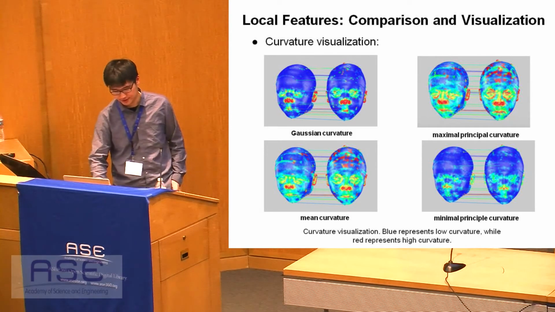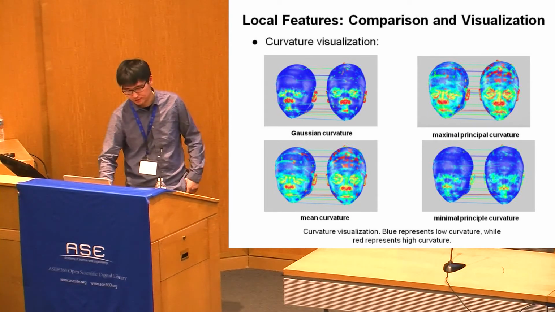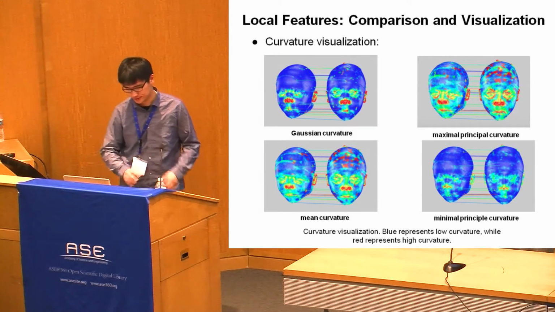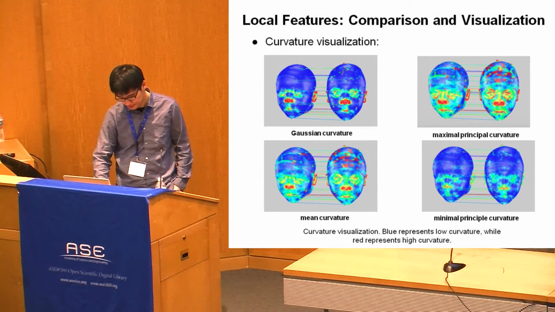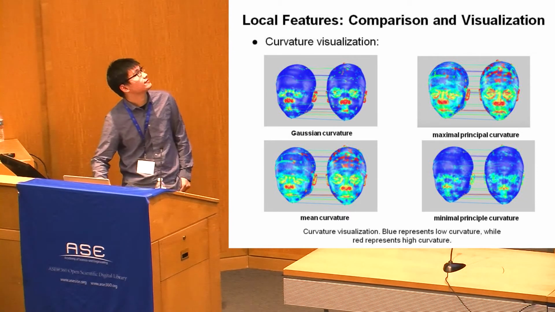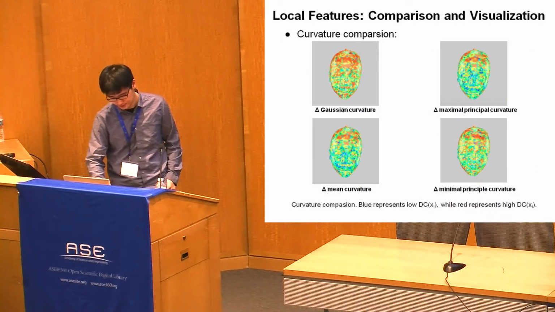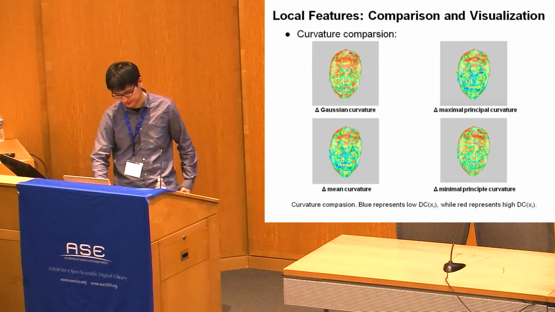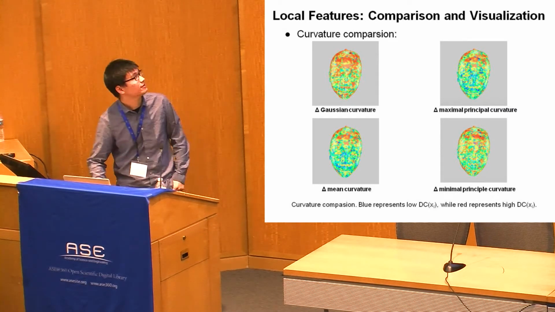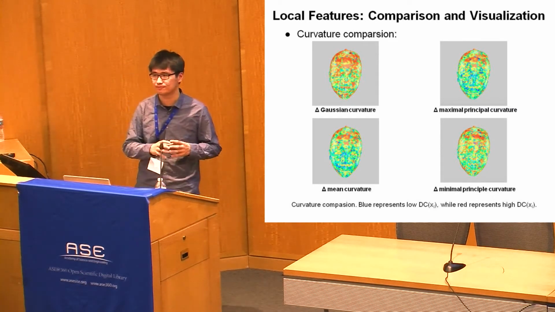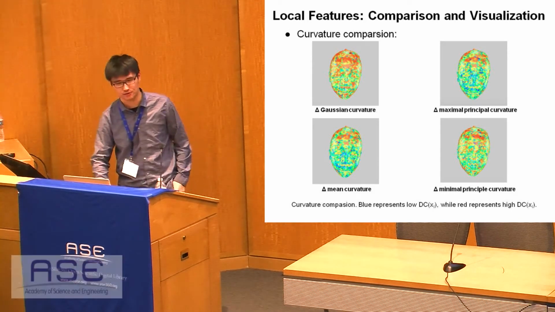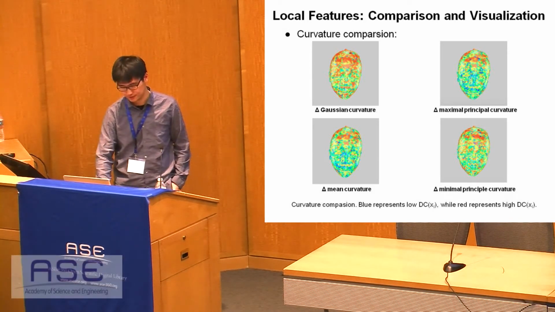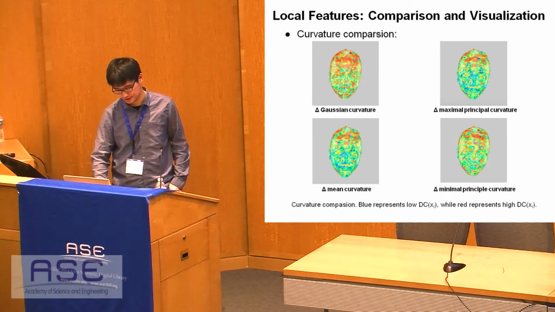So here's the interesting thing. We do the comparison based on the registration as we have introduced before, and we visualize the result on the pre-surgery surface. As I mentioned, for each point on the pre-surgery surface, we can find the corresponding point on the post-surgery surface.